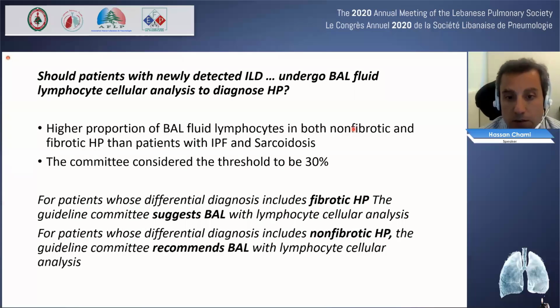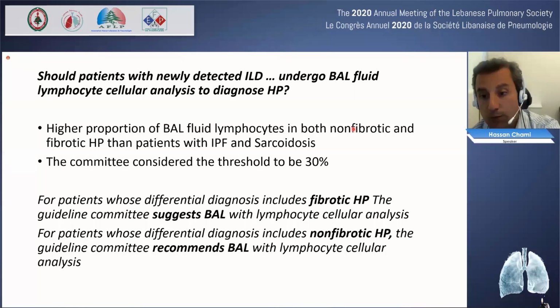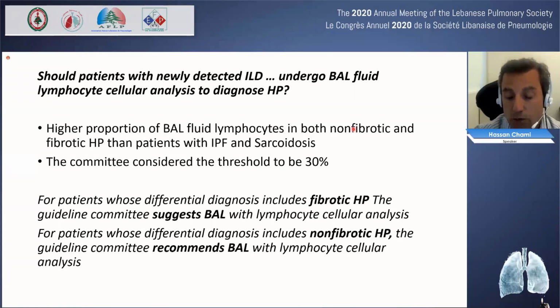So the committee considered that a threshold of 30% lymphocytosis on the BAL would be suggestive of HP. And they've actually suggested to do BAL in patients whose differential diagnosis includes fibrotic HP, and recommended BAL for those with inflammatory or non-fibrotic HP. So thinking that this test would be quite useful, especially in the people with the fibrotic HP.